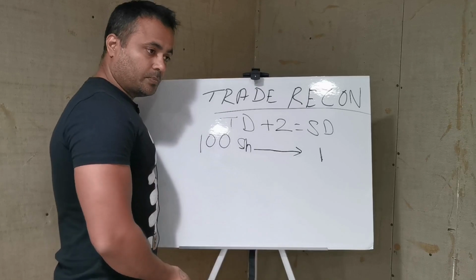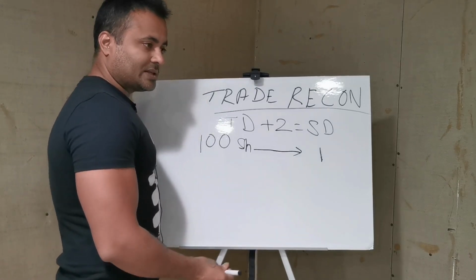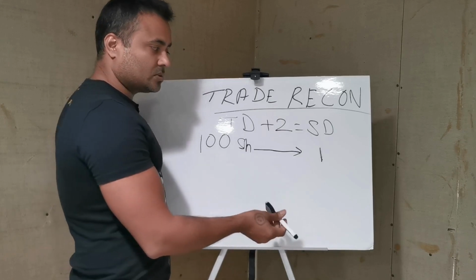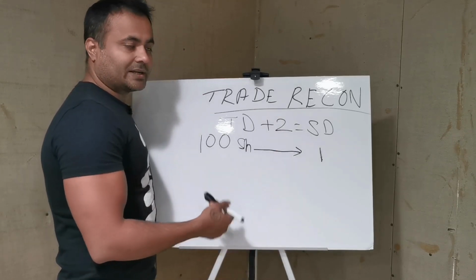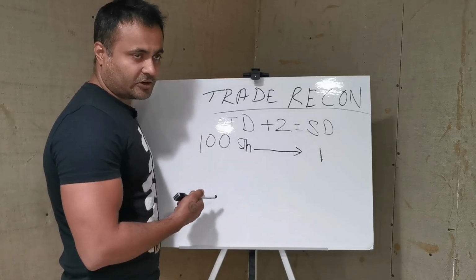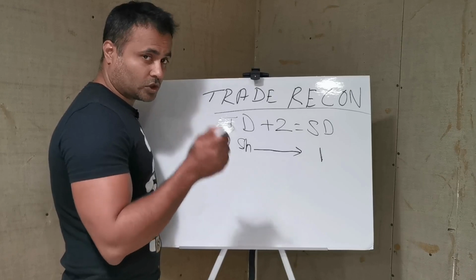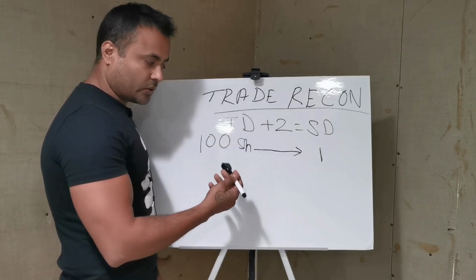So the one thing you have to be very sure of when you're working on settlements is that it should settle on the settlement date. There are a number of reasons it gets failed. I'm going to cover those topics in my different videos. Don't forget to watch all those videos, then these scenarios will be clear for you.